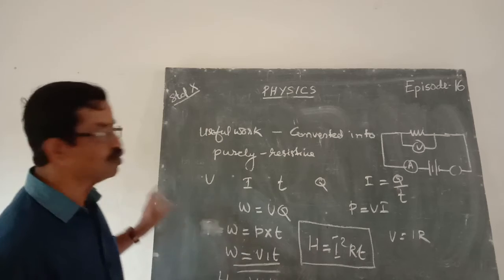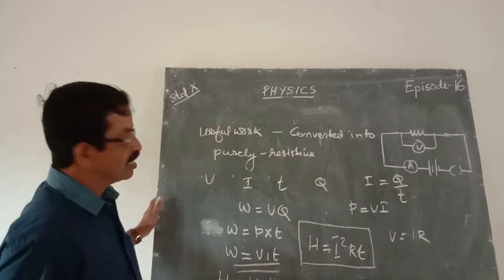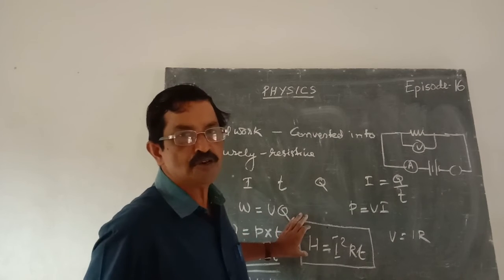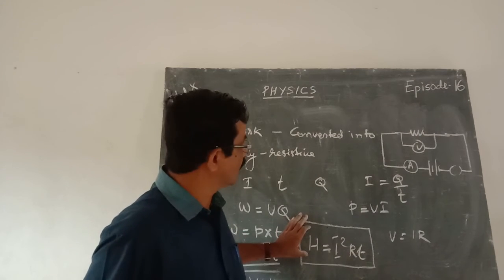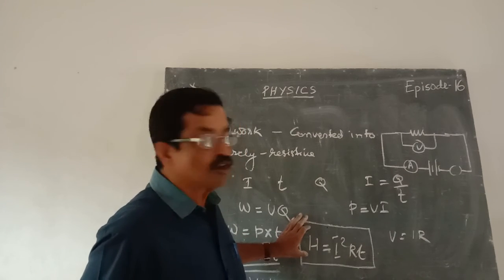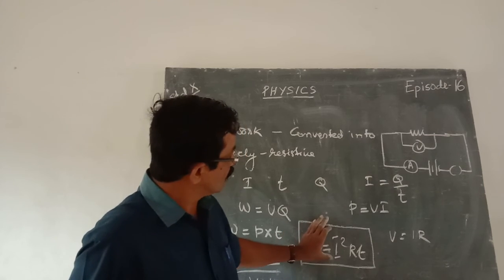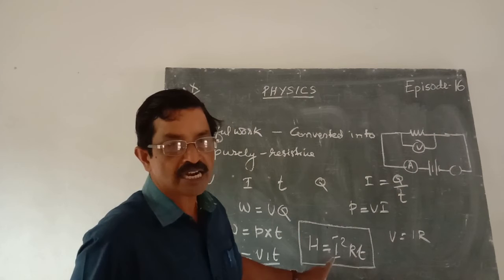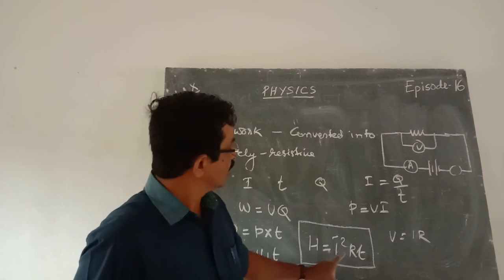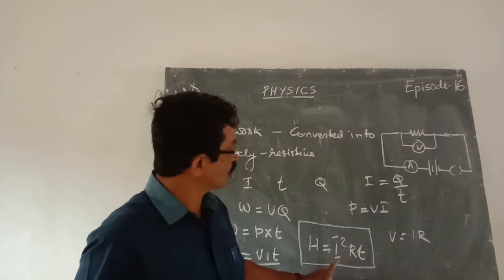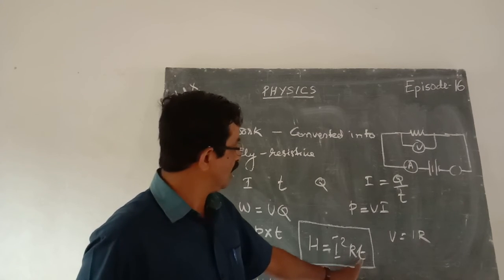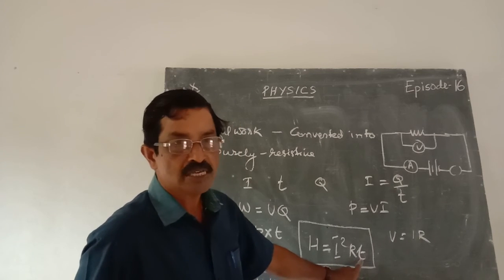Joule's law of heating says that the heat produced in a current carrying conductor is equal to the product of the square of the current, the resistance, and the time for which the current flows.